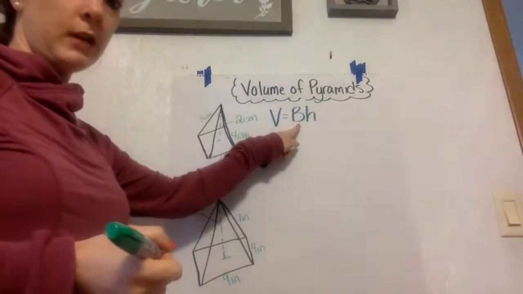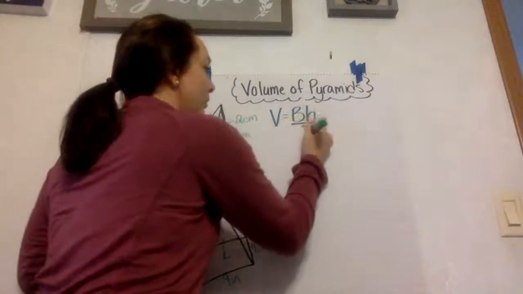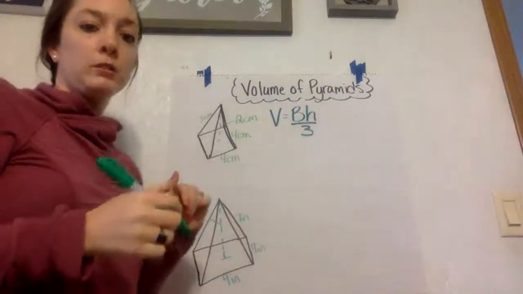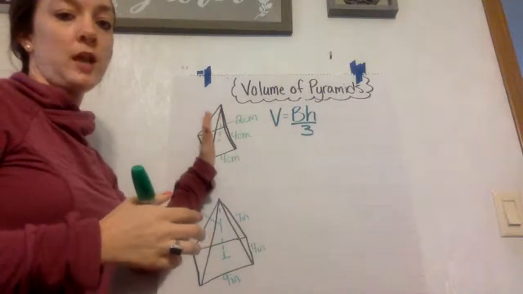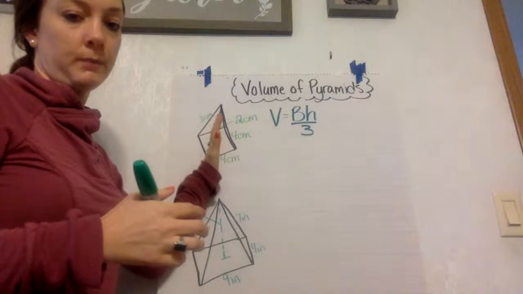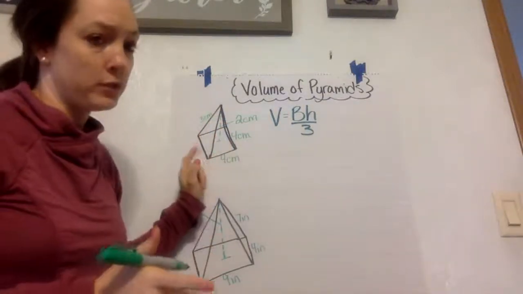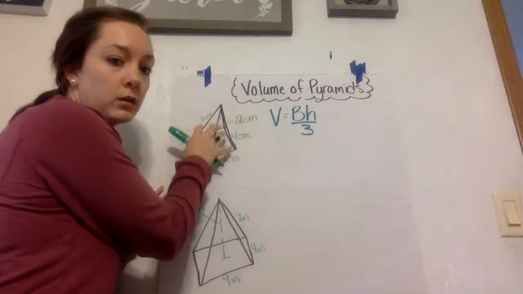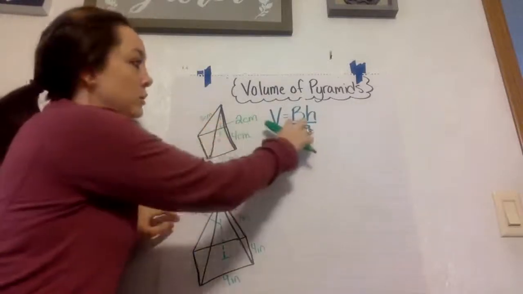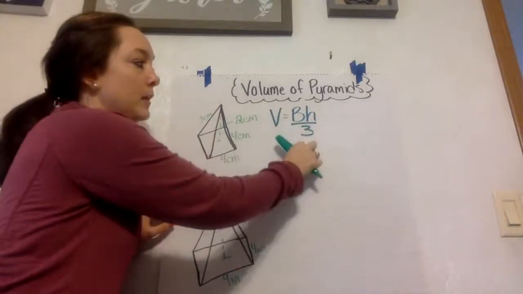Remember that big B is area of the base. But then you're going to divide it by 3 because it's a pyramid. Because a pyramid is 1/3 the size of a prism. And some mathematician somewhere figured that out. I didn't. That's just what I know. So a pyramid is 1/3 the size of a prism. So you do the same formula as you did for a prism and then divide it by 3.